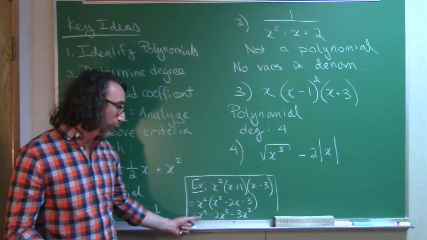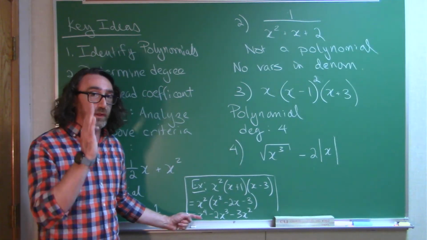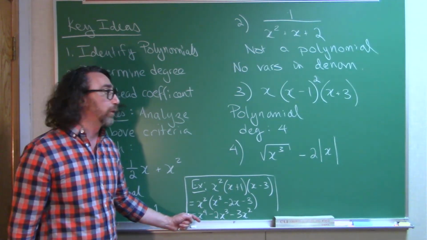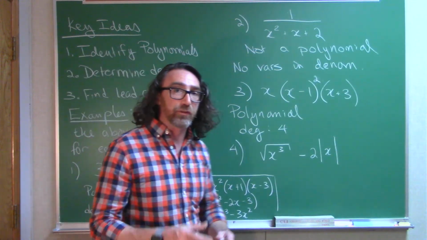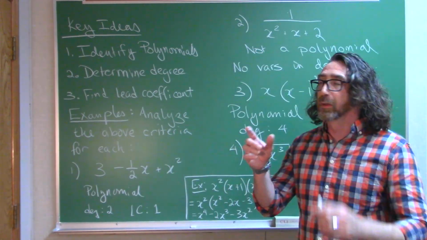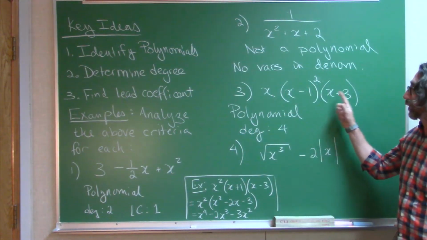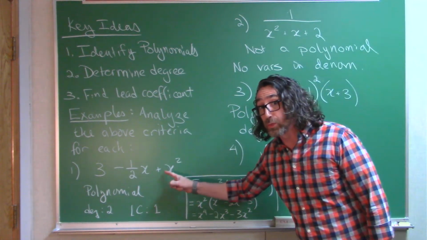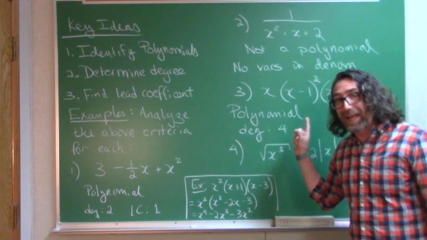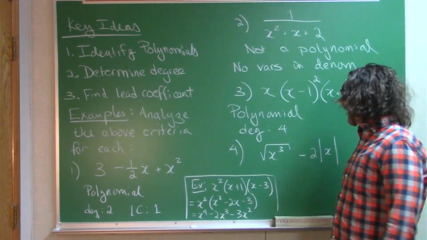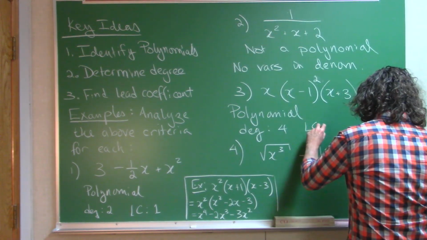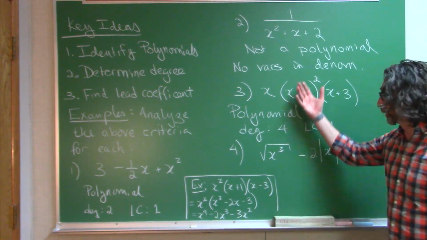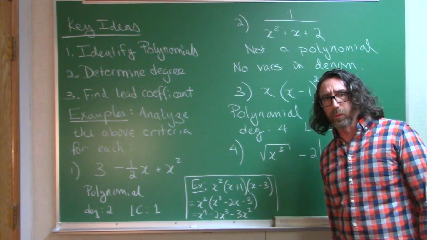Lo and behold, if we multiply it out, the degree is 4. So if your polynomial is factored, you need to add the degrees that you're seeing in each of the factors. Notice we did not do that here. You only add if the polynomial is factored. And we can see here the leading coefficient would be 1, very similar to what we're seeing right here.